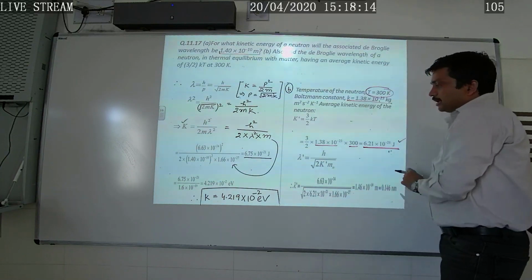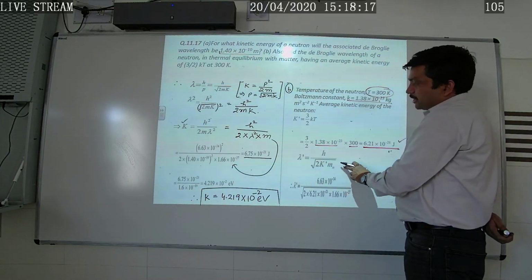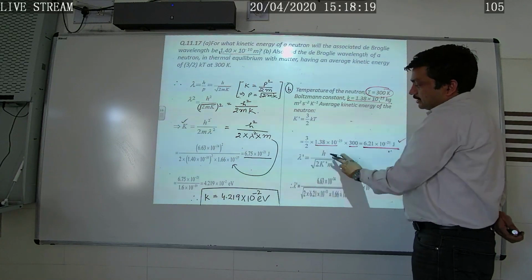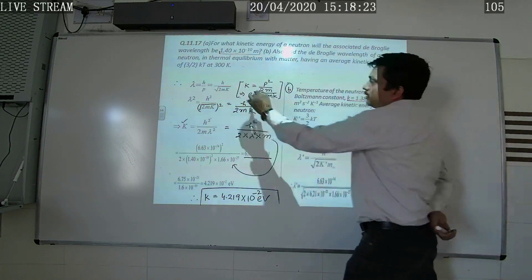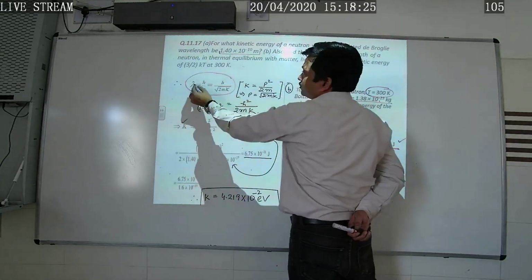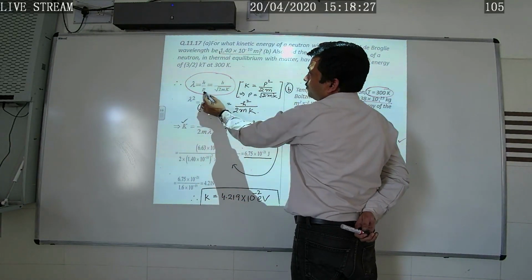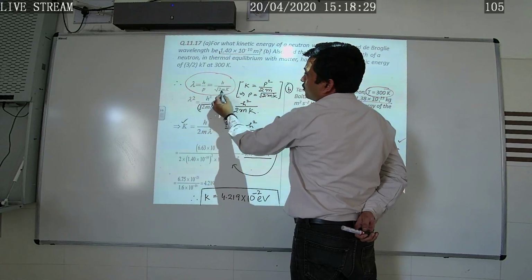Further, the wavelength lambda dash can be written as h over square root of 2 k dash mn. Why? According to this relation, the wavelength associated with a material particle is h by p, and p is nothing but root of 2mk.